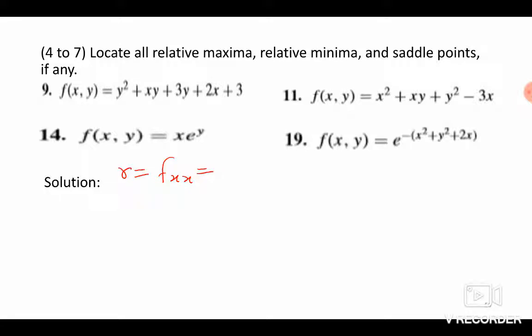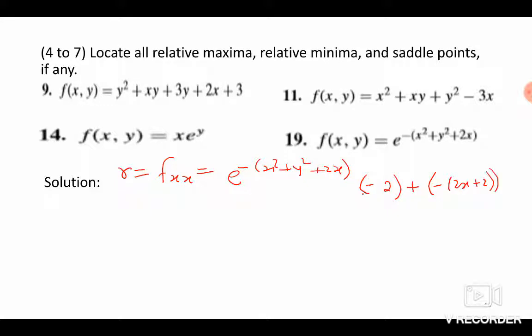You just differentiate it by using product rule. Keep e raised to minus (x square plus y square plus 2x), and then differentiate negative 2x plus 2. Negative is outside. When you differentiate 2x plus 2, you get 2. And then keep this negative 2x plus 2 as it is.